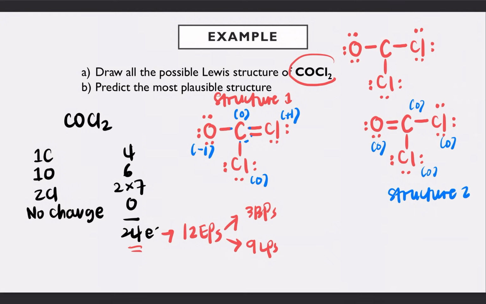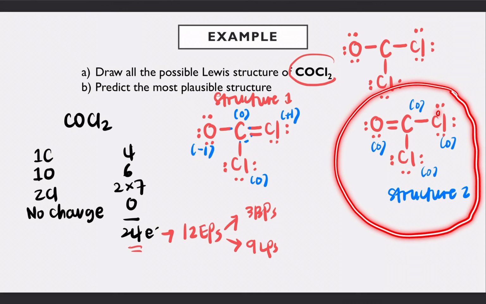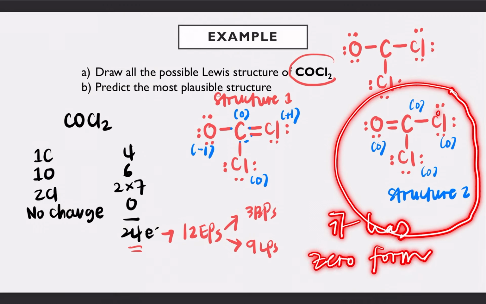So now that we've counted the formal charge of the Lewis structures that are available, so these 2 Lewis structures, to predict the most possible structure, we can conclude that, okay, structure 2 is the most plausible structure because it has 0 formal charge on all atoms.